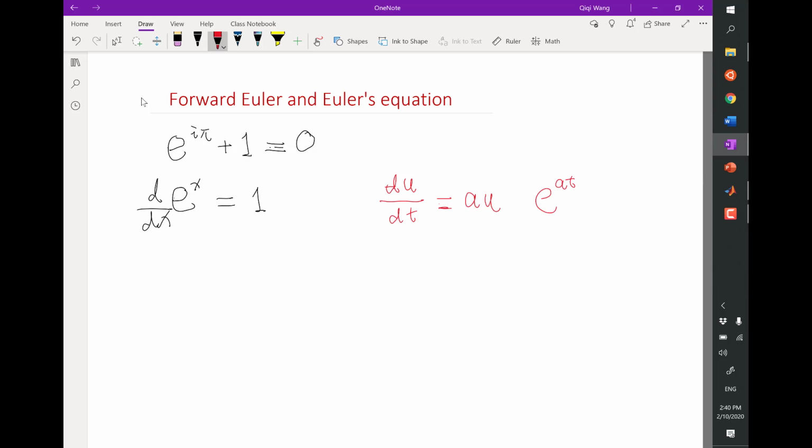So basically, we'll look at this special equation: if a is equal to the imaginary number, then we have du/dt equal to i times u. And if we integrate this equation using forward Euler for a time length equal to pi, what we should get is -1.